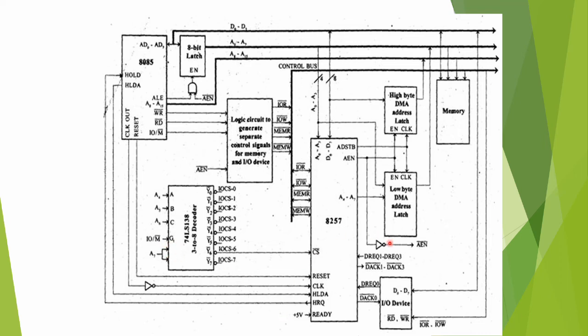The 8257 and 8085, as shown earlier, are connected to the memory, and there is some input output device which is connected through DMA request and DMA acknowledge.